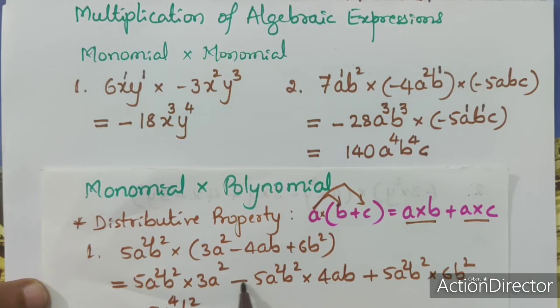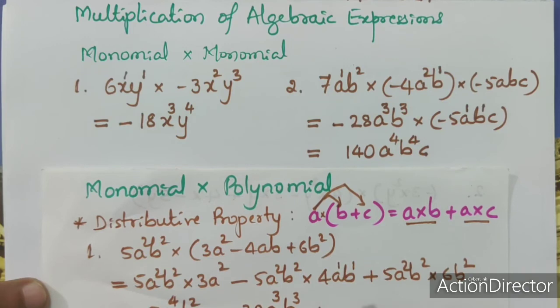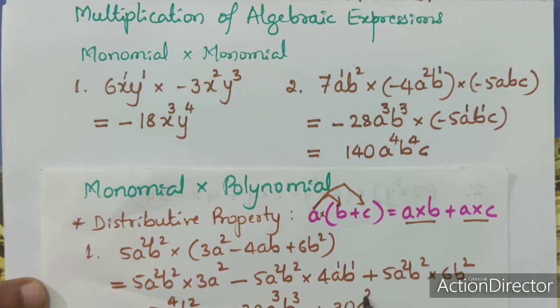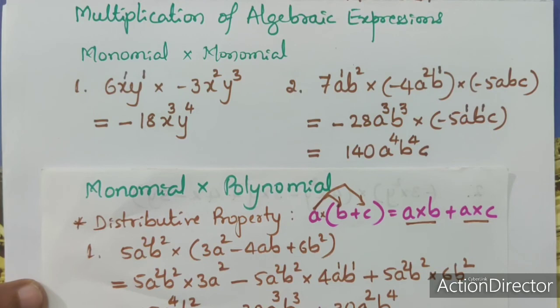Next, here you have minus, here you have plus, therefore minus into plus, minus only. So 5 4s are 20. Then a square and a raised to 1, which means a raised to 3. b square and b raised to 1, which means b raised to 3. That is the second multiplication. The last one, here plus, here also plus, so plus 5 6s are 30. a square, there is no a term, therefore I just wrote a square. Here b square, there also b square, so power should be added, 2 plus 2, it will be 4.